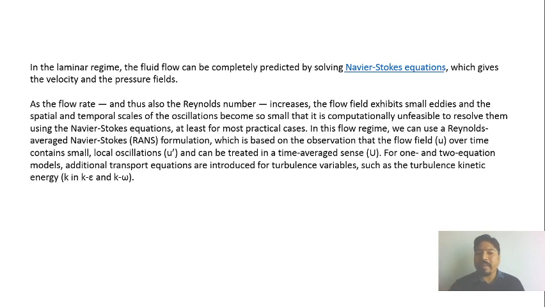Because whenever the Reynolds number increases, the turbulence in the fluid flow increases, and of course the turbulent kinetic energy will be more. So we need to transport that variable, denoted here by K. We have to solve for K, the turbulent kinetic energy, and consider it in the fluid flow region to analyze and solve the fluid domain to get our results.